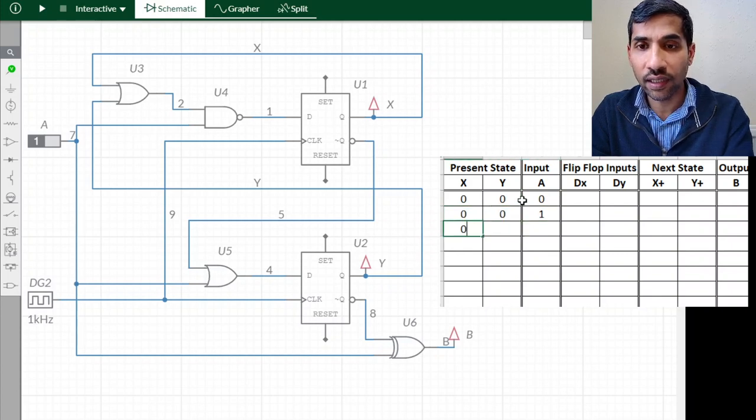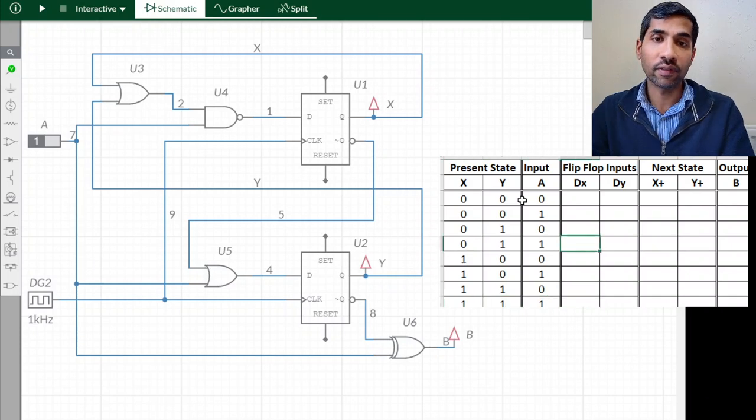I'm just writing it in order so that we don't miss any input. 0, 1, 1. We have 1, 0, 0. We have 1, 0, 1, 1, 1, 0, and lastly we have 1, 1, 1. Okay, so these are the possible combinations.